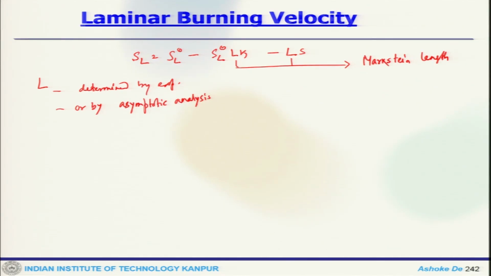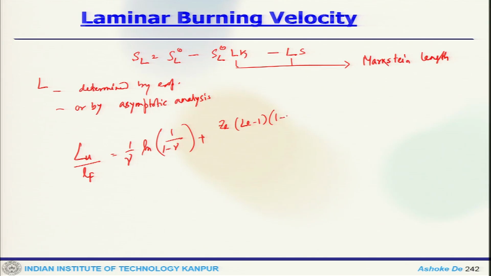The correlation which one can use is that LU by LF, this ratio is 1 by gamma, LA 1 by 1 minus gamma plus JD LE minus 1 minus gamma by 2 gamma into the integral from 0 to gamma by 1 minus gamma of ln 1 plus xi by xi dxi.